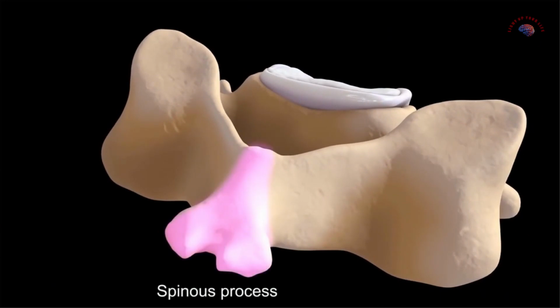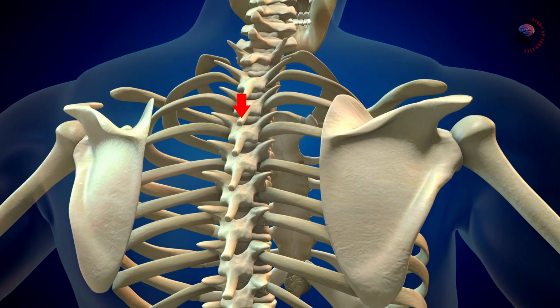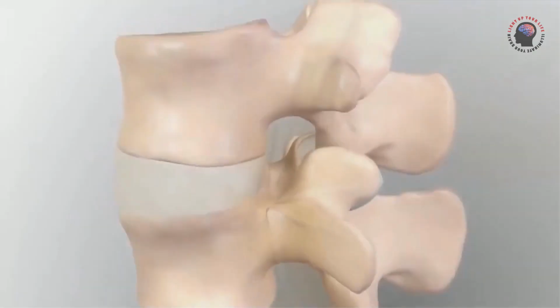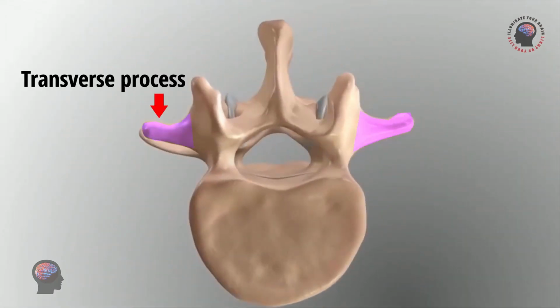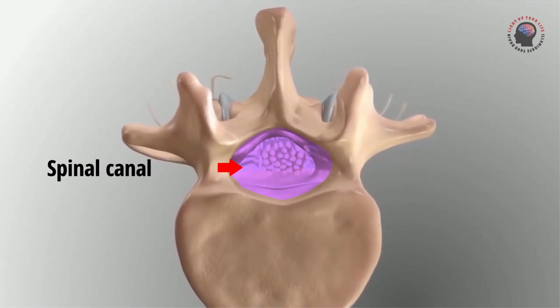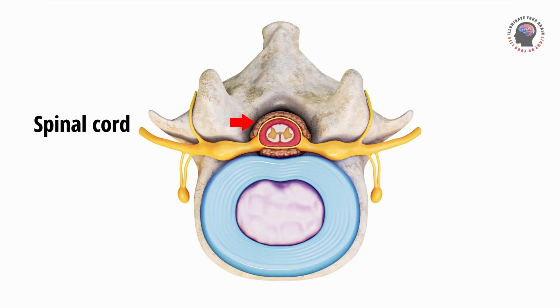Spinous process, a bony projection from the back of the vertebra, which can be felt as the ridge down the back. Transverse processes, 2 lateral projections from the vertebra, providing attachment points for muscles and ligaments. Spinal canal, the hollow space within the vertebral arch, through which the spinal cord passes.